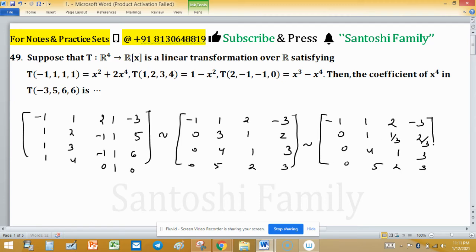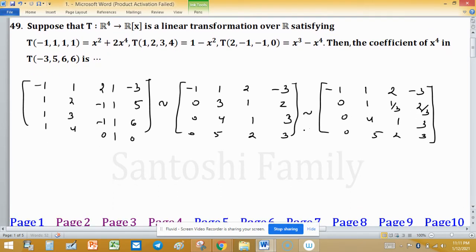Other rows remain the same, and apply an elementary row operation on the last equivalent matrix. The rows are (-1, 1, 2, -3) and (0, 1, 1/3, 2/3). Multiply the second row by 4 and subtract from R3, giving (0, 0, -1/3, 1/3). For the last row, multiply R2 by 5 and subtract from R4, giving (0, 0, 1/3, -1/3).